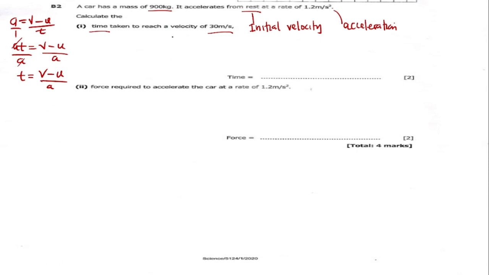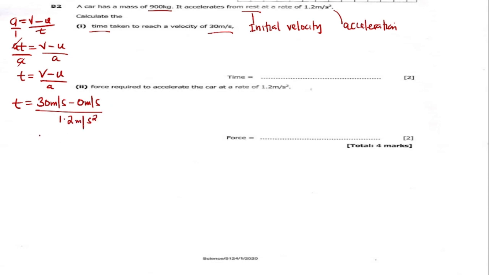So if you look at our question, our final velocity is 30 meters per second, our initial velocity is 0 meters per second, and our acceleration is 1.2 meters per second squared.